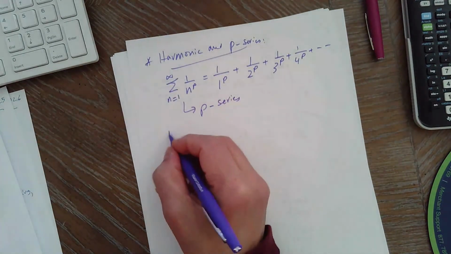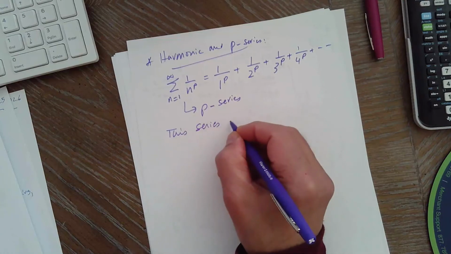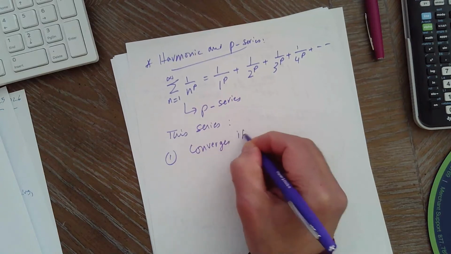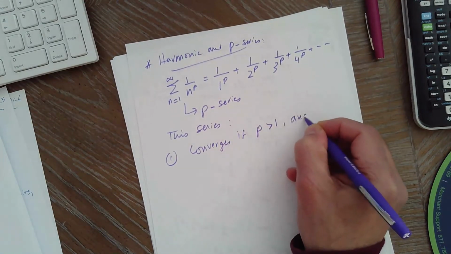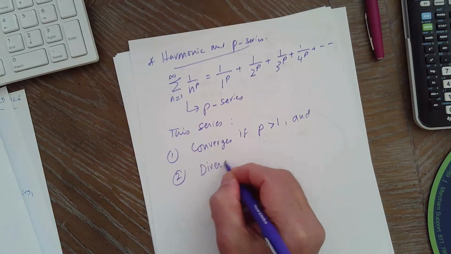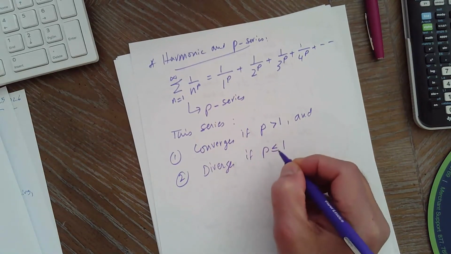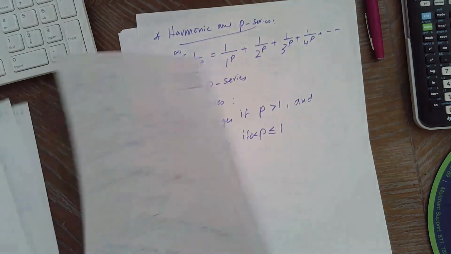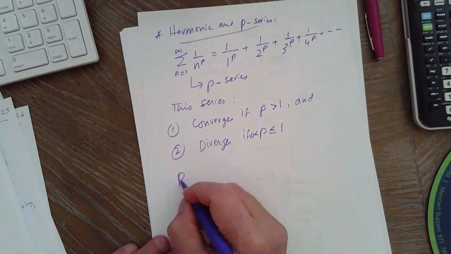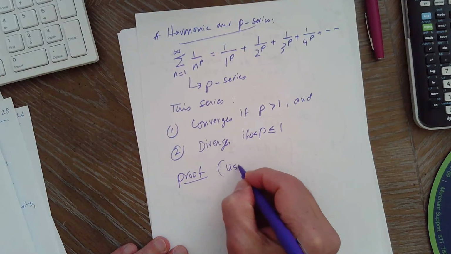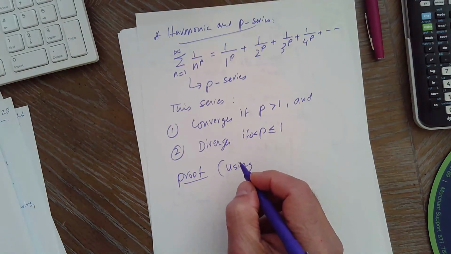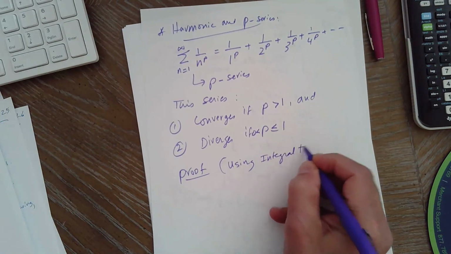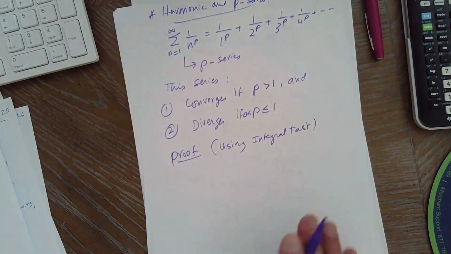This converges if p is greater than 1 and diverges if p is less than or equal to 1, between 0 and 1, including 1. If you use the integral test, the proof is easy. Okay, see the book, it's a very easy proof.